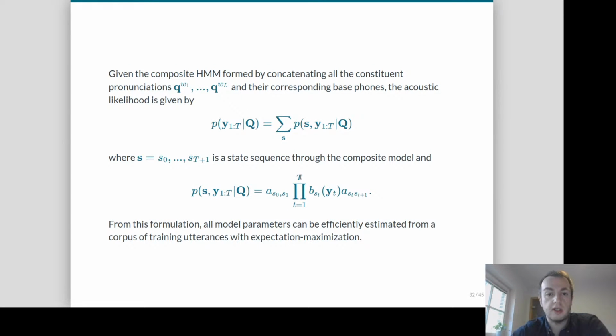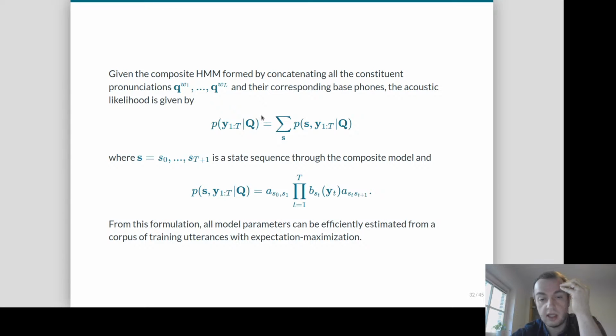And so this is what we can then do with the phone models. What we would basically do is build this composite hidden Markov model by just concatenating all the constituent pronunciations and their corresponding base phones. And if you do that, then the acoustic likelihood would be given by the different ways these acoustic vectors could have been generated given a particular pronunciation of the whole thing.